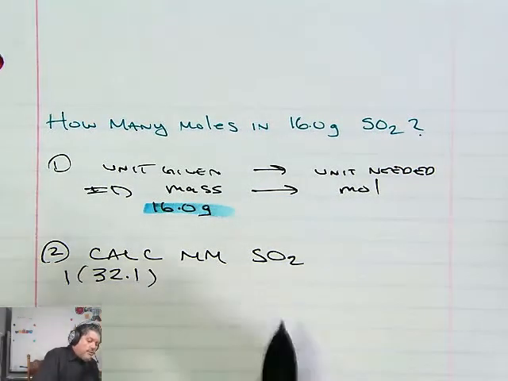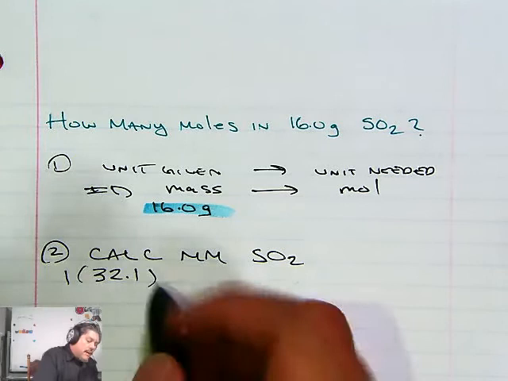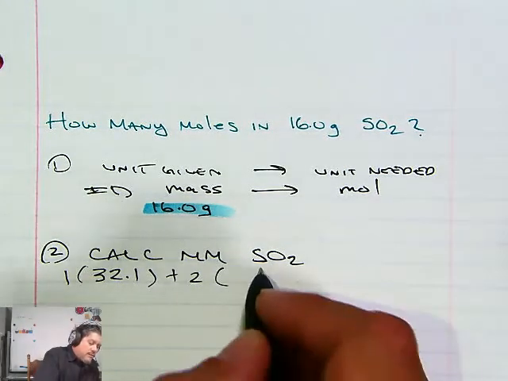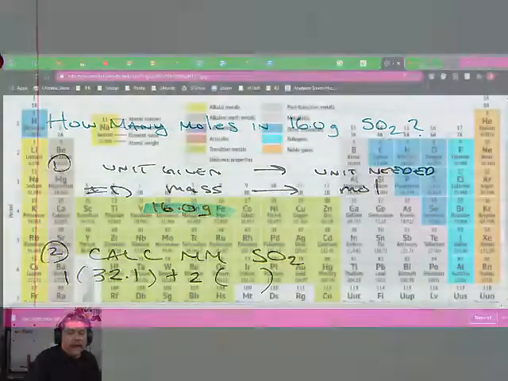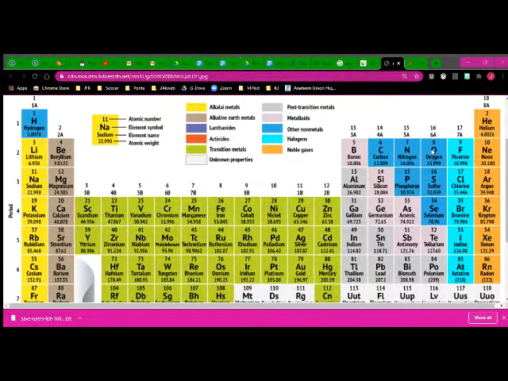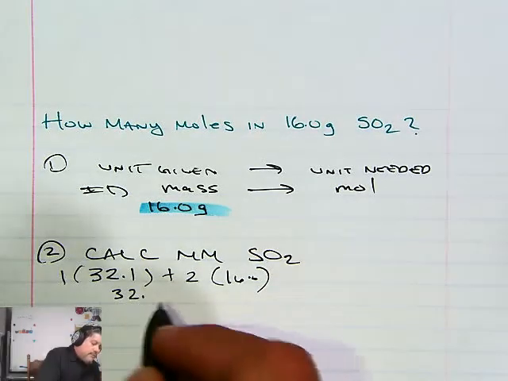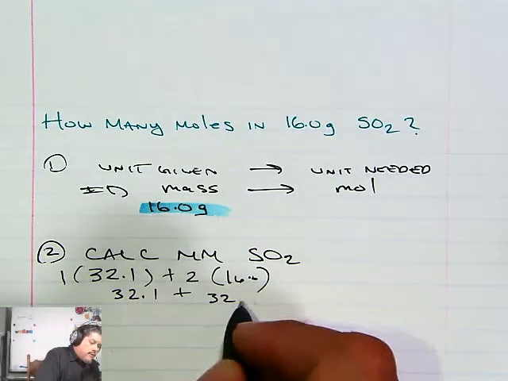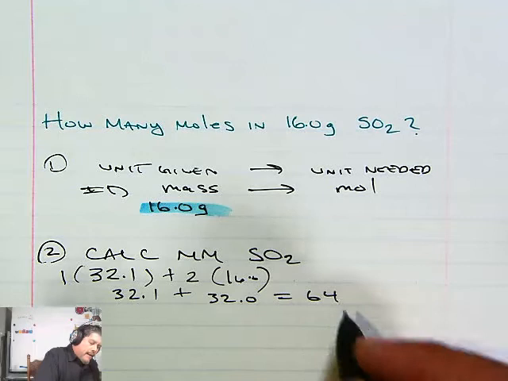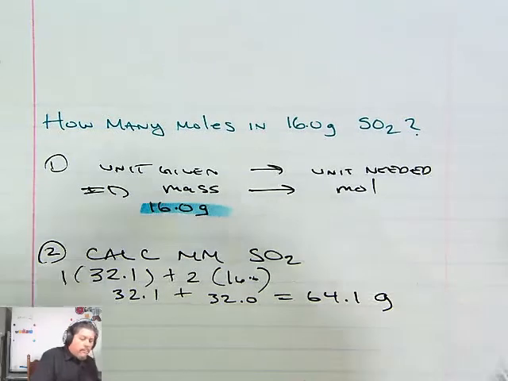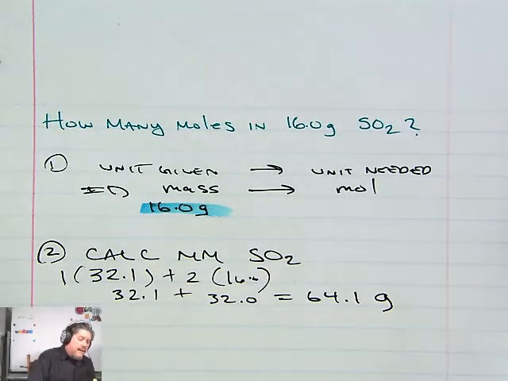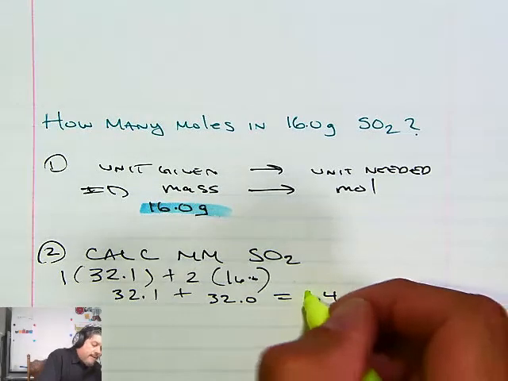There's only one sulfur, so that's why it's 1 times 32.1. We have 2 oxygens, so we just got to figure out what the value of oxygen is. We look over here, most of you already know, 15.99, which rounds to 16.0. I do this math, 32.1 plus 32.0, and I get a number of 64.1 grams. And I am going to highlight this yellow because, again, we're going to use it later.